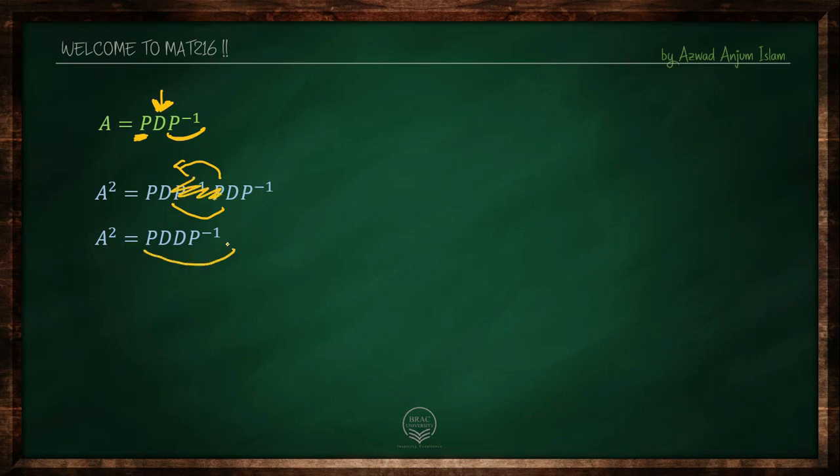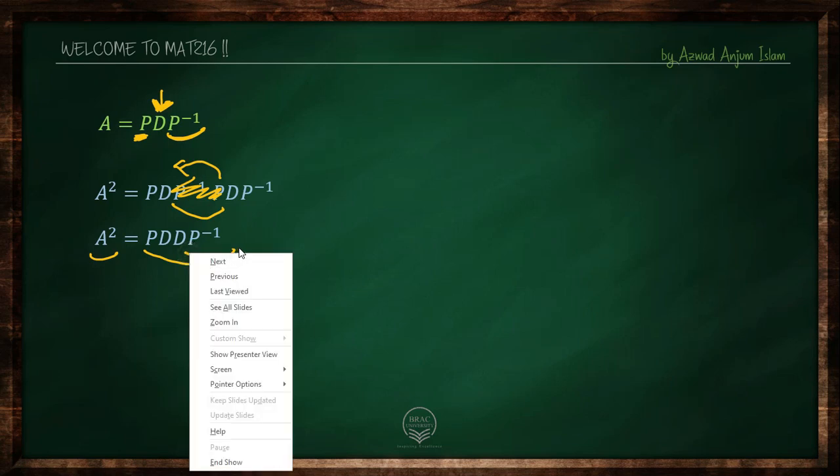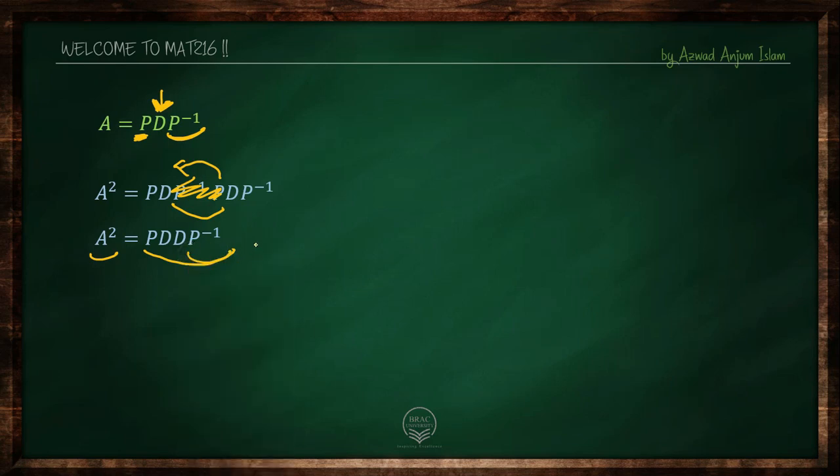So this is a square, right? We change to the eigenbasis once, we apply the transformation as many times as we require, and once we are done, we change back to the standard basis. So if we want to do it n times, we change from the standard basis to the eigenbasis and do this n times.